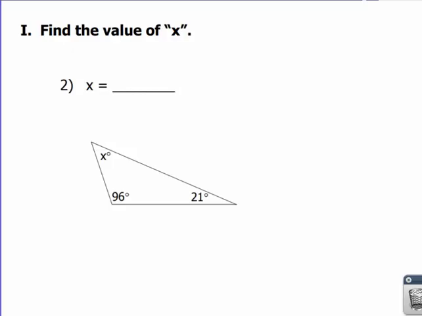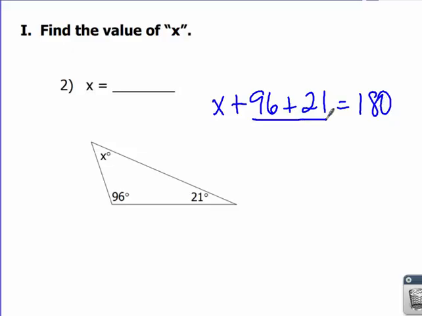If we actually look at this one, we're going to take x plus 96 plus 21, and that's going to equal 180 degrees. So again, we're going to take the 96 and the 21 and add that together, and we end up with x plus 117 is equal to 180 degrees.